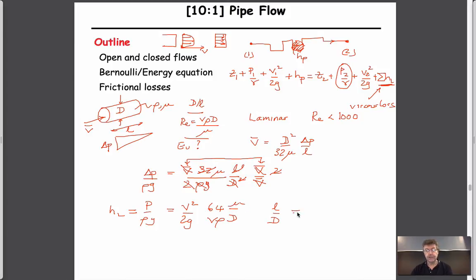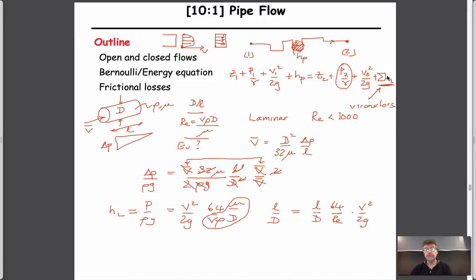And so if I rearrange that slightly differently, I'm going to write it as equal to length over diameter times 64 over Reynolds number. This term here is 1 over Reynolds number, and it is v squared over 2g. And so this is the standard way that we will deal with this. This is the head loss.